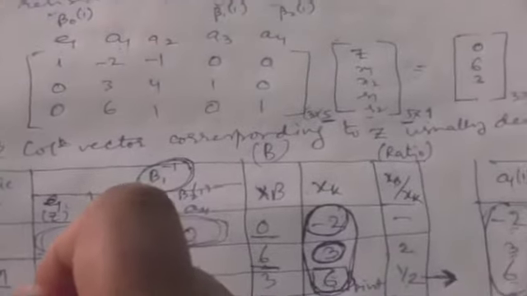If you remember, all the calculations are similar. This is equal to the old element 1 minus this into this. This is the pivotal row and this is the pivotal column. So 1 minus 2 into 0 by 6, it remains 1, because these two are already there in the basis, so it will not change.